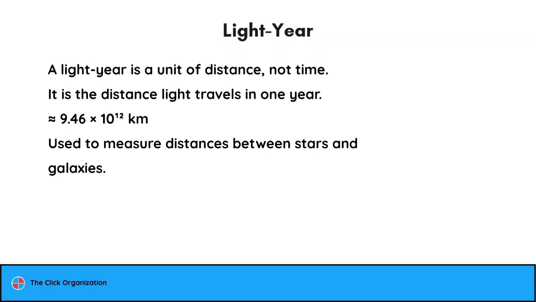And astronomers use light years because distances in space are far too large to express conveniently in kilometers. For example, instead of saying trillions of kilometers, we simply say that a star is 4 light years away.